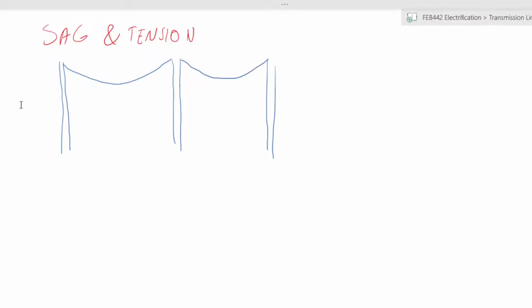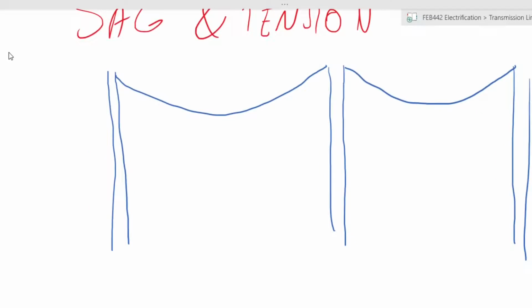The reason why we have that sag is to allow for things like heat, the expansion and contraction of the lines themselves. Remember, this is copper and aluminium over long distances, hundreds of meters and perhaps even kilometers. And so you need to allow for that.